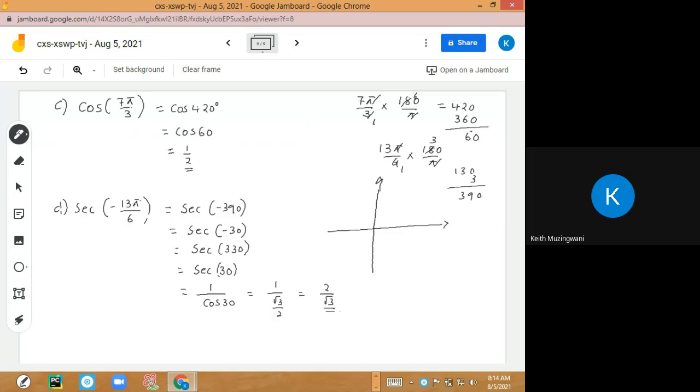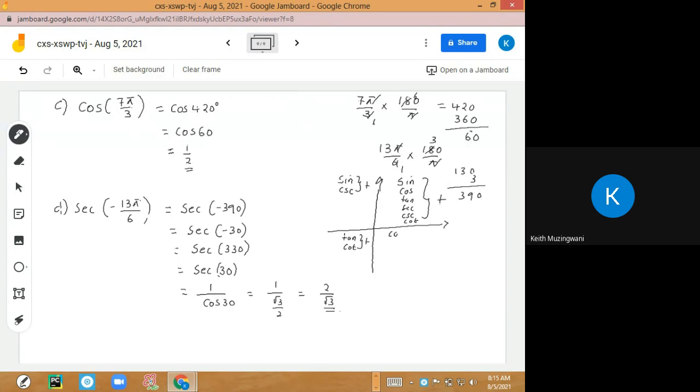So we bring it back. Here we said, sine, cos, tan, sec, cosec, cot. In the first quadrant, we said they are all positive. In the second, only sine and cosec are positive. Here, only tan and cot are positive.